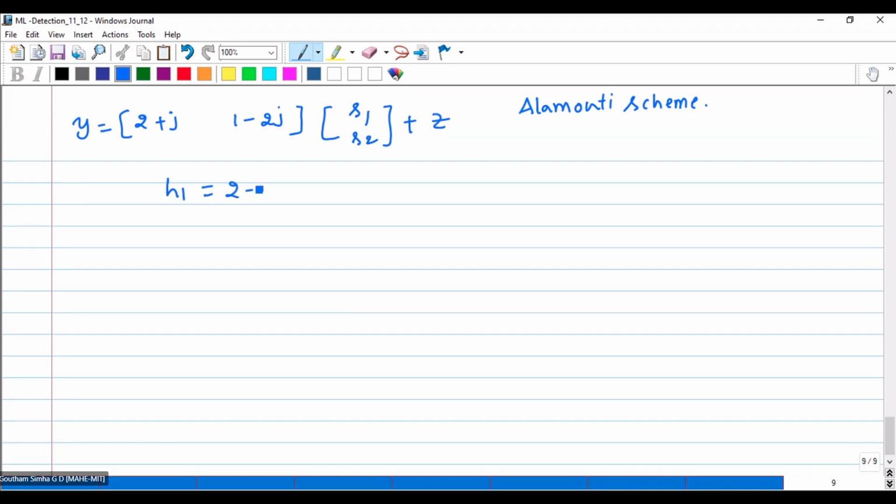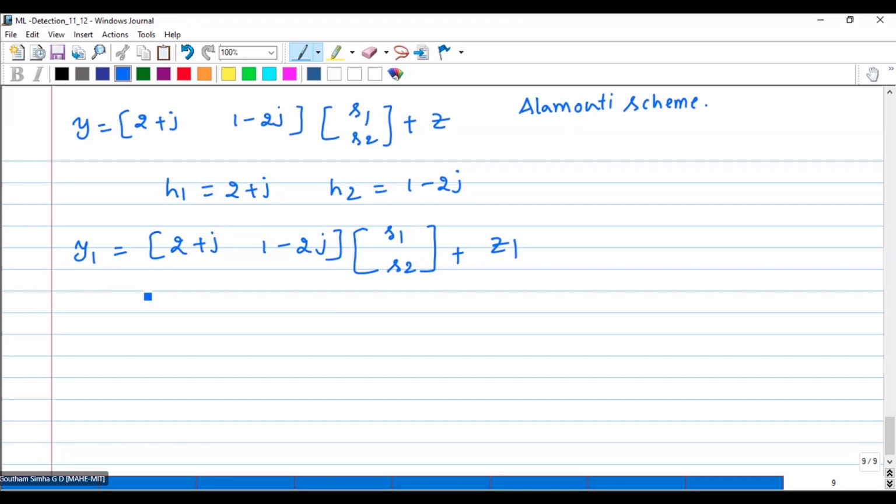H1 is equal to 2 plus j, and H2 is equal to 1 minus 2j. First transmit period, what happens? If I want to understand y1, it will be written in terms of 2 plus j and 1 minus 2j into S1 and S2 plus Z1.